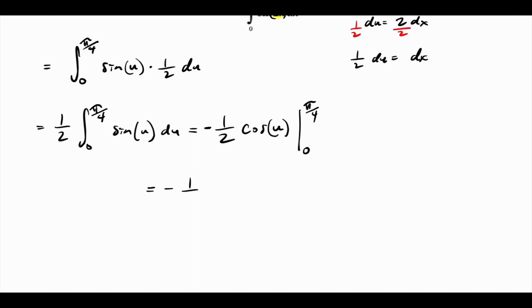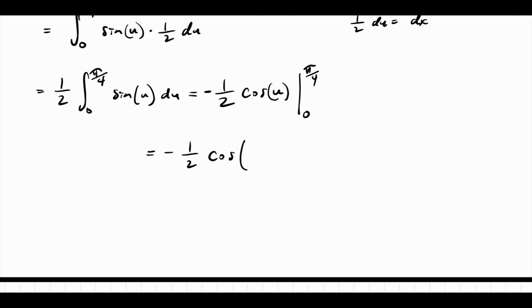Okay. So put u back in. So u is 2x. Evaluate it from pi over 4 to 0. Okay, so I'm going to plug in pi over 4.